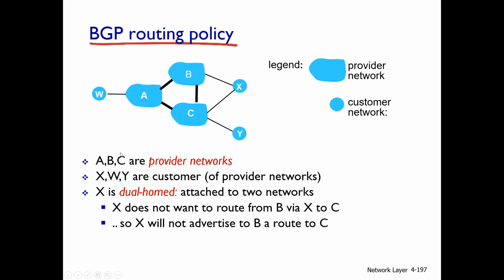Now, the provider networks are A, B, C, the customer networks are X, W, Y, and X, of course, is interesting because X is dual-homed.